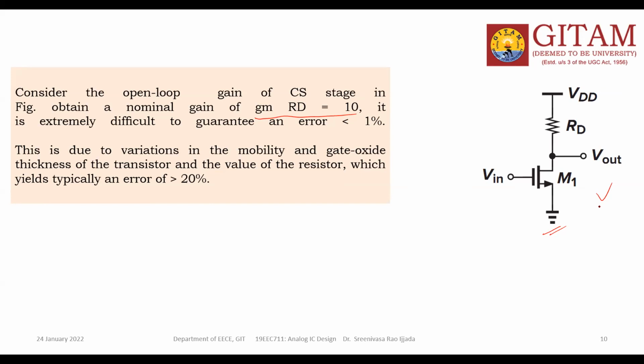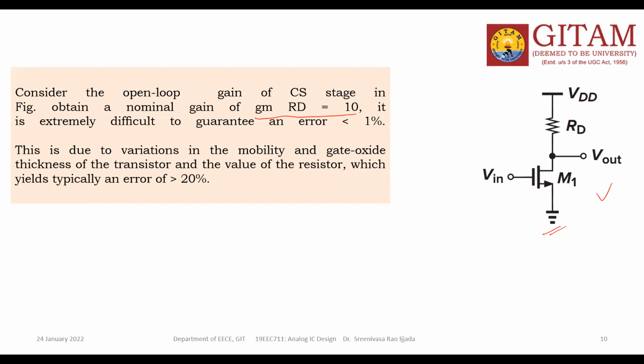Then only can you bring the gain error below 1%. The question was what the A1 value should be to bring the gain error below 1%, and by the procedure we found that if you choose A1 as 1000, you would have less than 1% gain error.